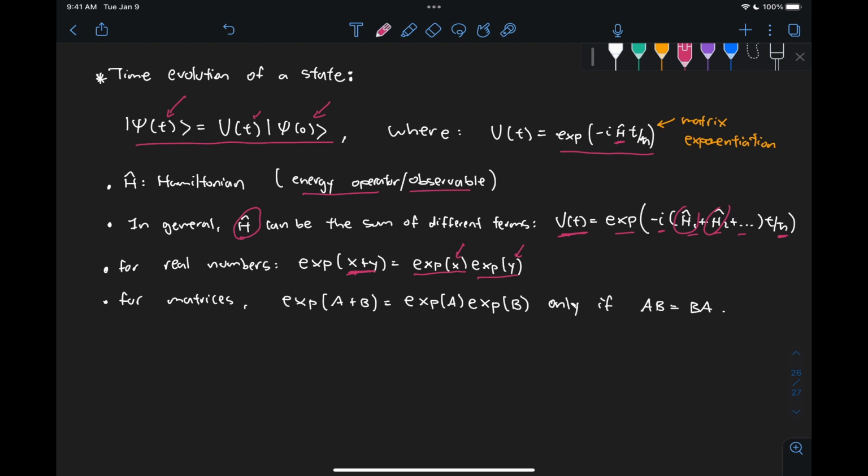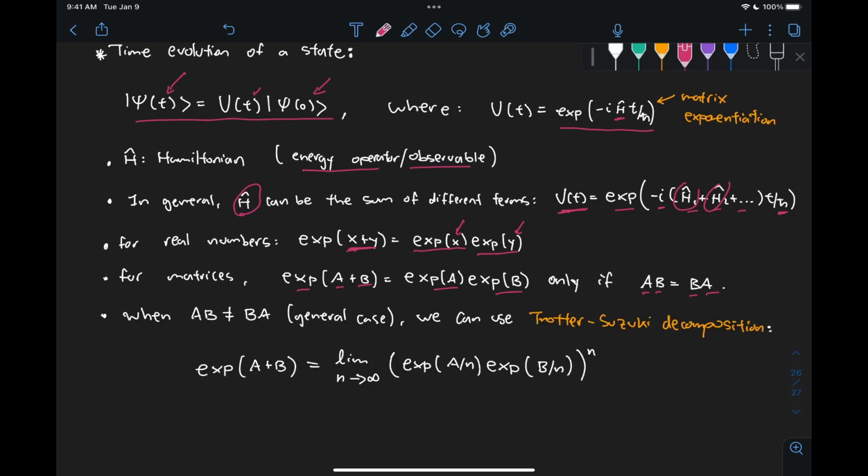For matrices, this rule of the exponential of A plus B being equal to the exponential of A times the exponential of B only holds true when the matrices commute, so when A times B is equal to B times A. But in general, that is not the case. Matrices do not always commute. So what do we do in the general case when A times B is not equal to B times A?